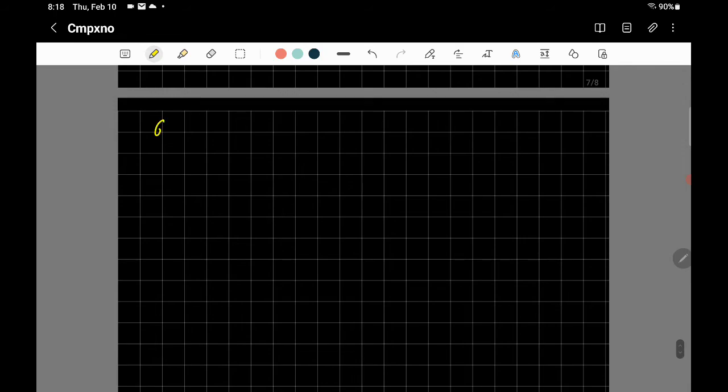It will be the square root. How to find the square root? We want to find the square root of z1. z1 was given.